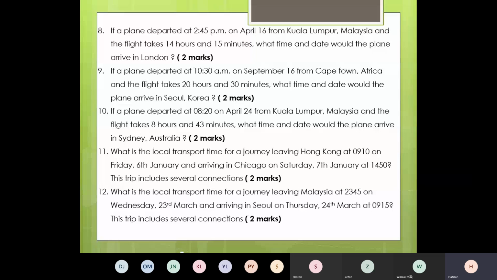Because I cannot see the time there. So GMT, Miss. So Korea is GMT +9.